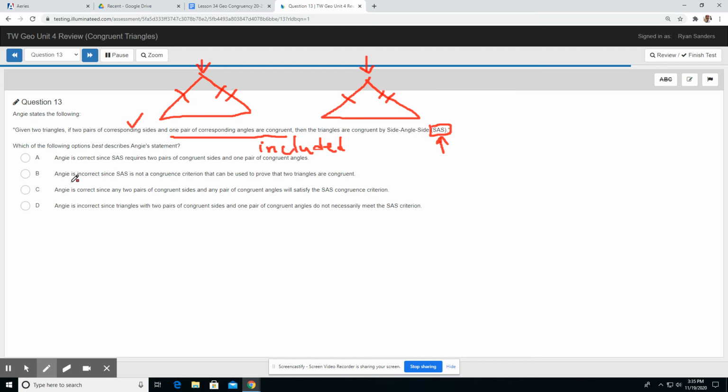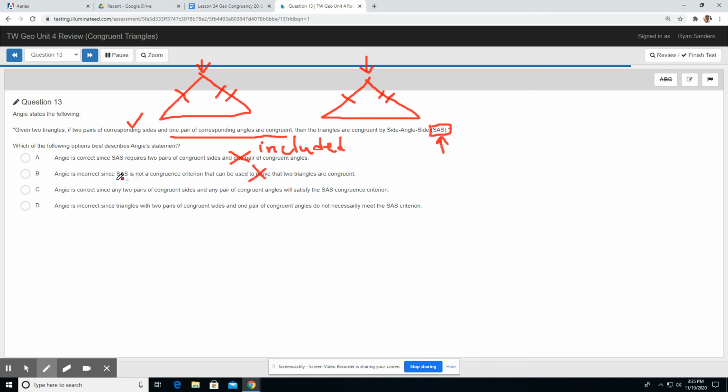Which of the following options best describes Angie's statement? Angie is correct since side, angle, side. No, that angle could be off. Angie is incorrect. It's not congruent.